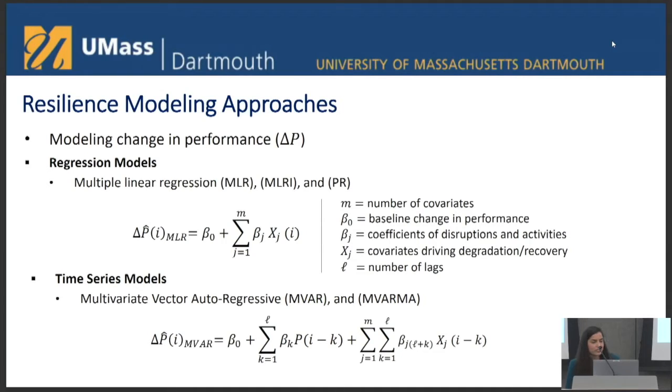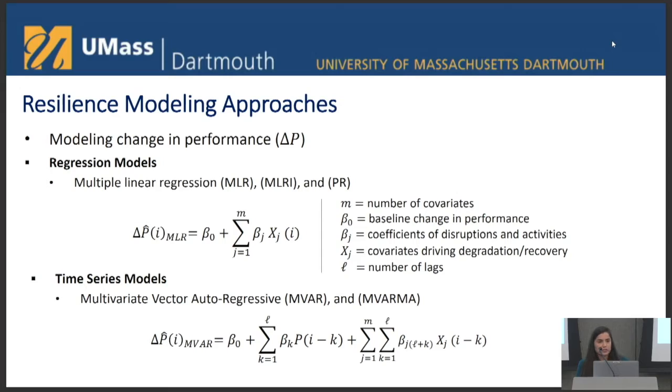So I'm going to present 3 different approaches. 2 of them are well-known statistical models using regression models, and the other one is time series models. So regression, I don't have time to explain details here, but regression models are very basic. It's just predicting the delta P at time i using covariates. We call them covariates, but it's just basically factors that are impacting the performance of systems.